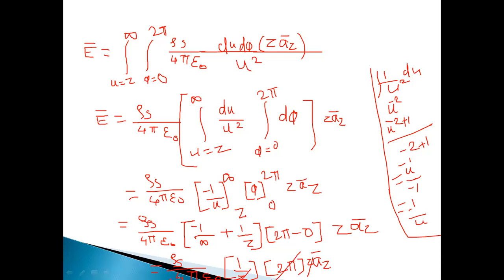This 2 pi to 4 pi means it will be only 2. So the final equation is rho s divided by 2 epsilon 0 into unit vector a bar z, and it is measured in volts per meter.